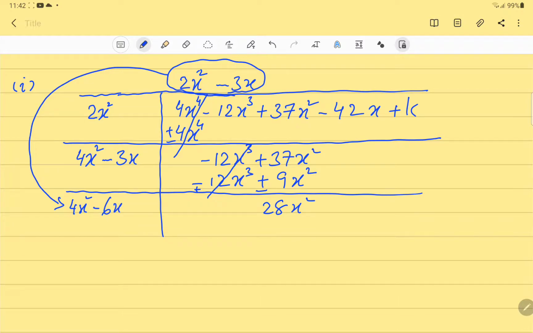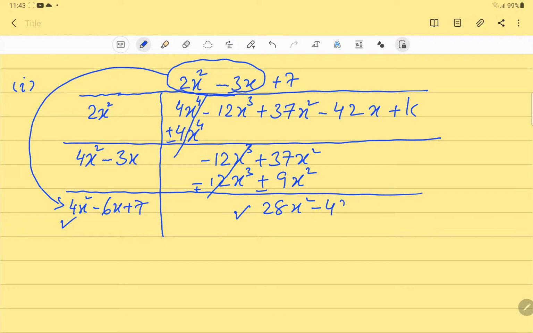Again we have to write in the quotient a term which, when we multiply with this 4x squared, we should be getting equal to 28x squared or near to it. So we see that if we multiply it with plus 7, as we have been doing in the previous step, the term with which we have applied, we add that term over here as well.